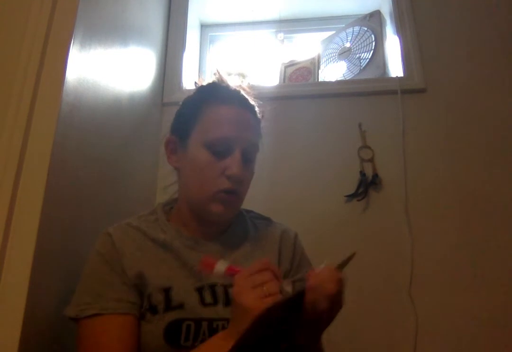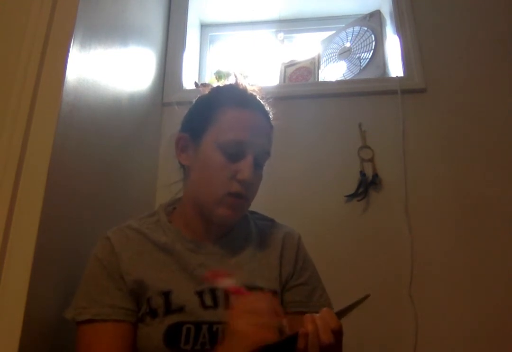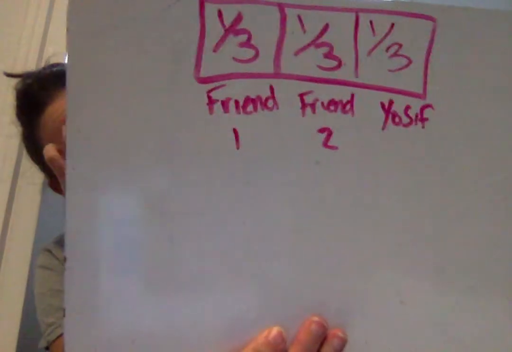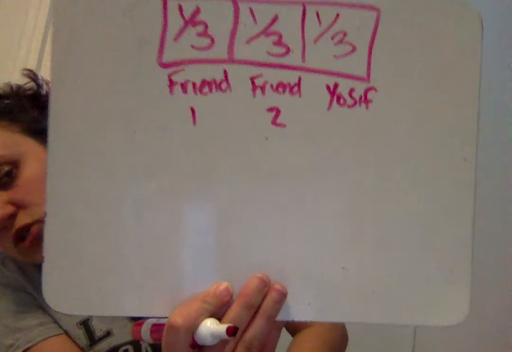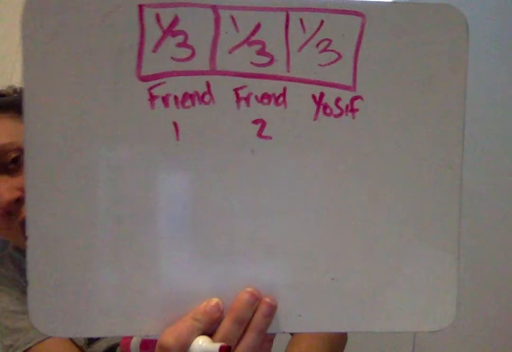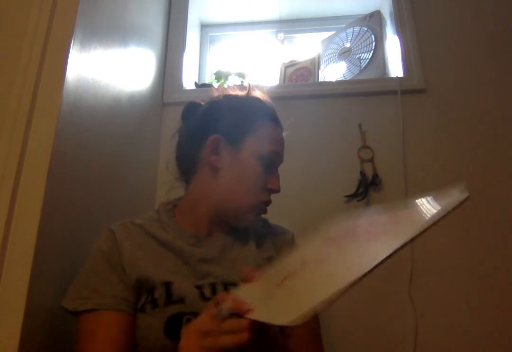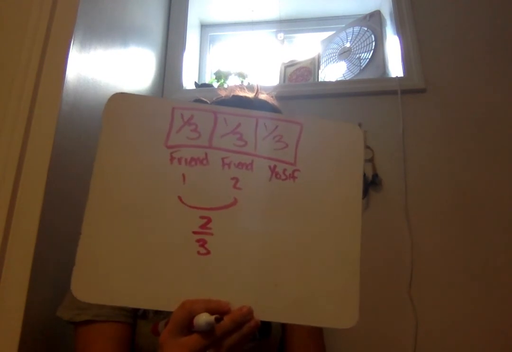So we're going to call this friend 1, friend 2, and Yosef. That's how he's splitting this up. Now the question is, how much did he give away? That's pretty easy. He gave 1/3 plus 1/3 away, and that makes 2/3. And he keeps 1/3 for himself.